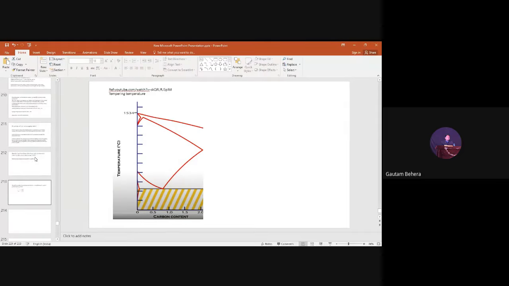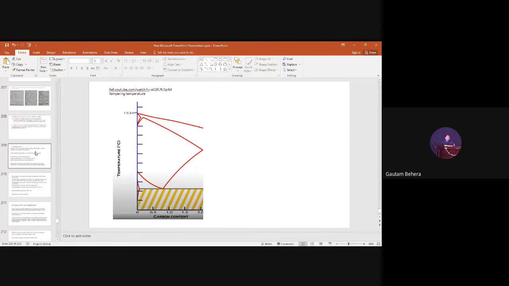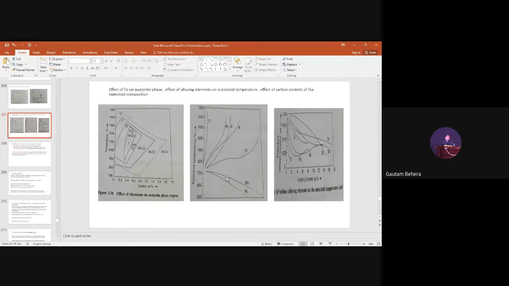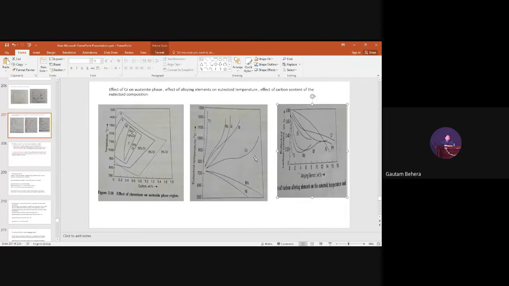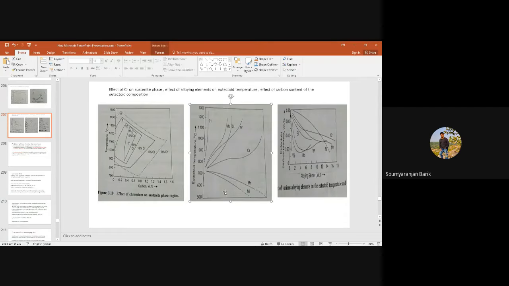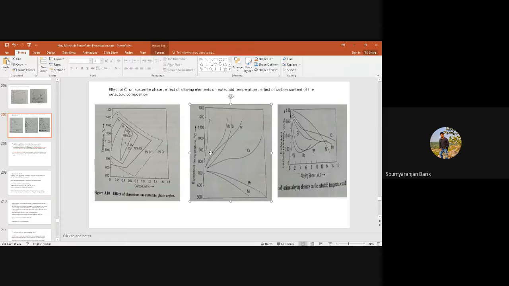Yes, Somya, you can speak. Sir, manganese and nickel are austenite stabilizers. Very good. So when we add them, the temperature decreases and the austenitic region increases when we add manganese and nickel.